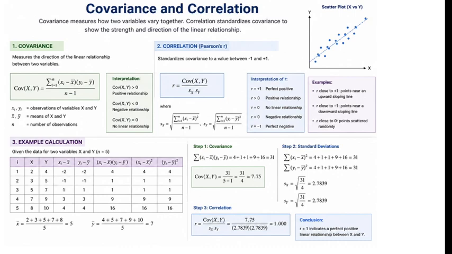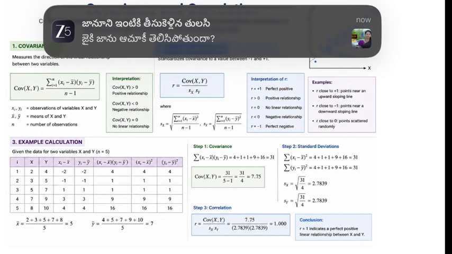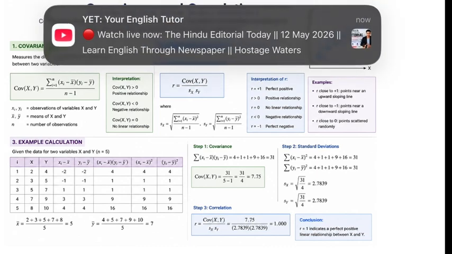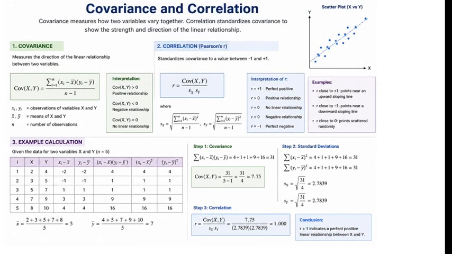For example, in this data, for the first data point the multiplication of mean deviations is 4, for the second data point it is 1, the third data point is 1 again, for the fourth data point it is 9, and for the fifth data point it is 16. The sum of all these products in this case gives us 31.